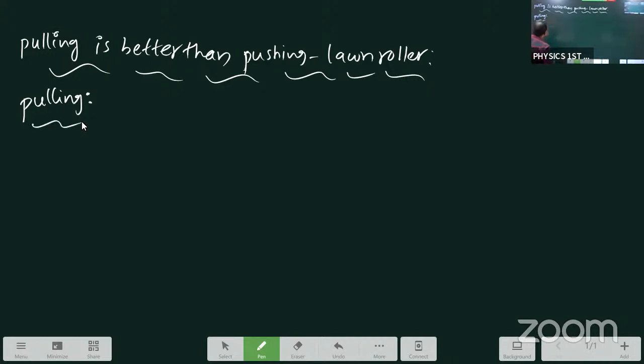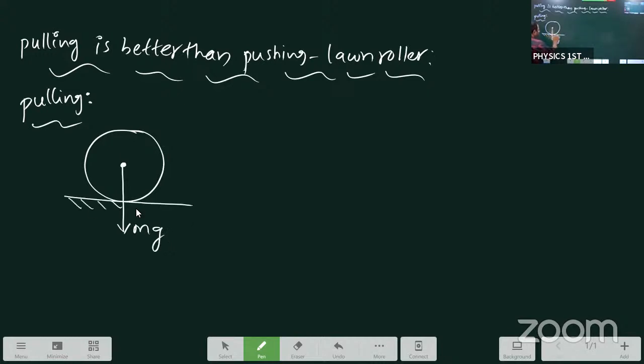One more case, pushing. This is the diagram, lawn roller wheel. mg, weight, nothing but gravitational pull, downwards, and normal reaction upwards.